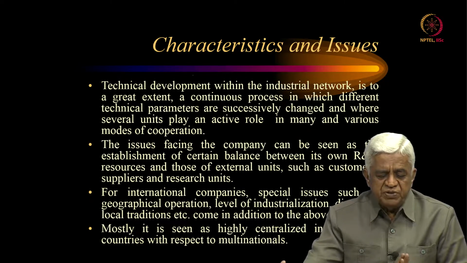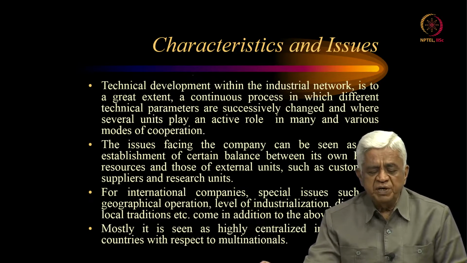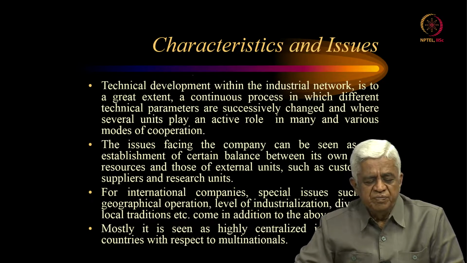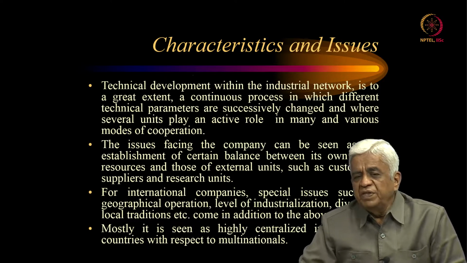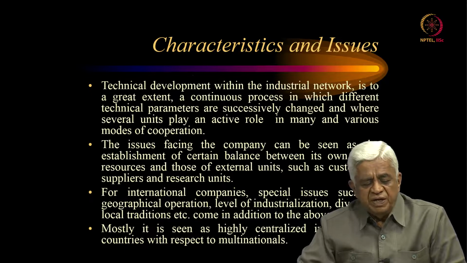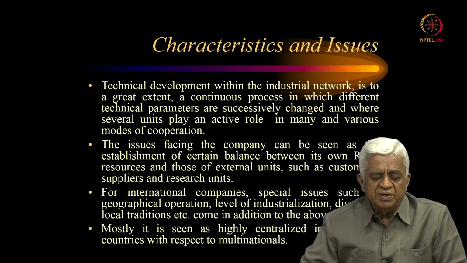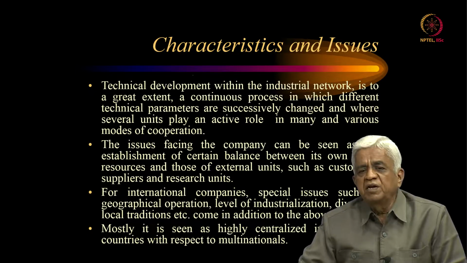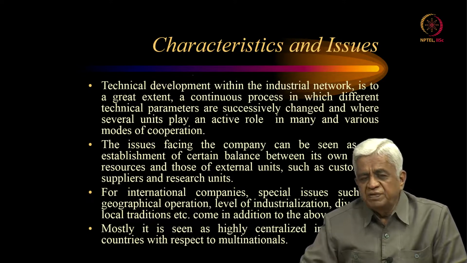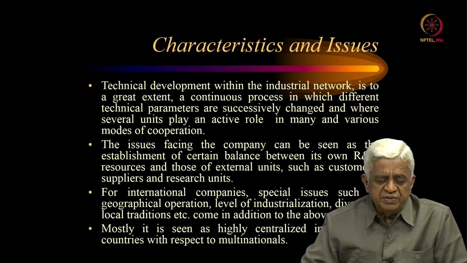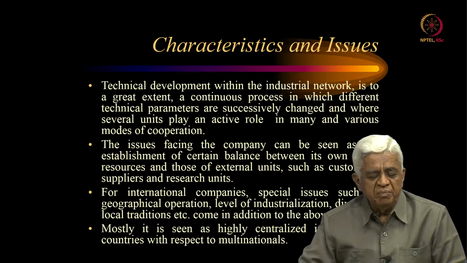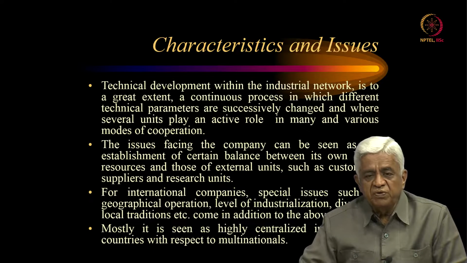So, the types of issues are also mentioned with respect to R&D and strategy, that is technical development within the industrial network is to a great extent a continuous process in which different technical parameters are successively changed and where several units play an active role in many and various modes of cooperation.